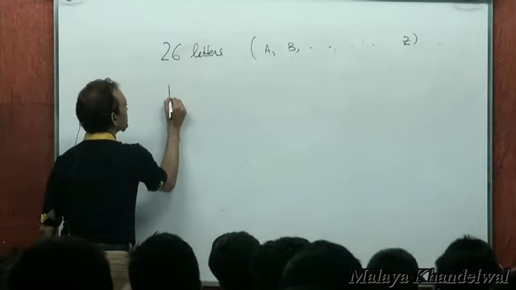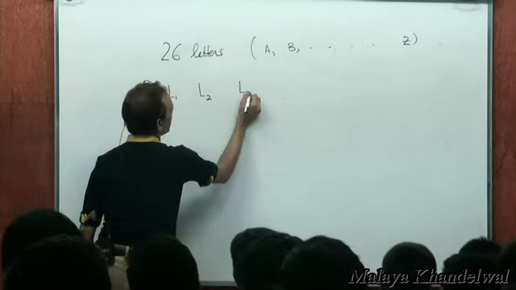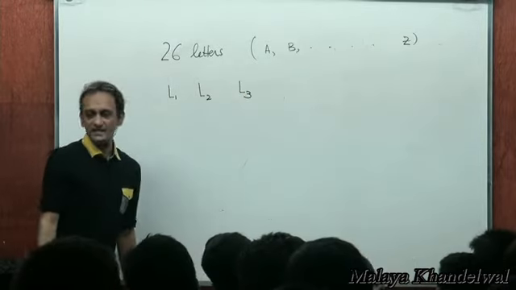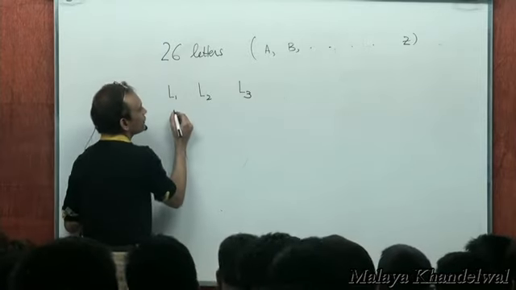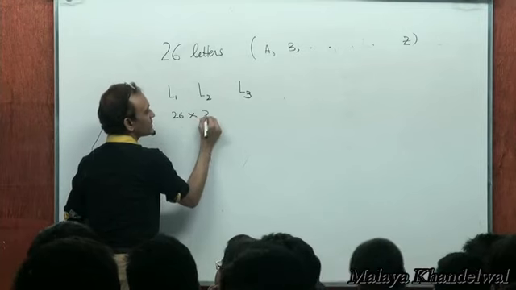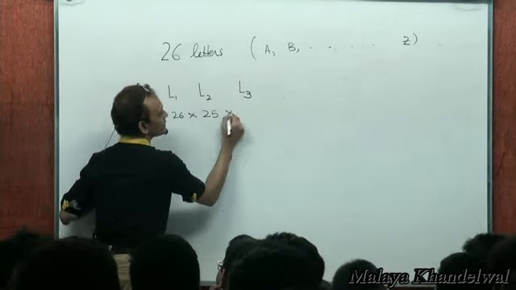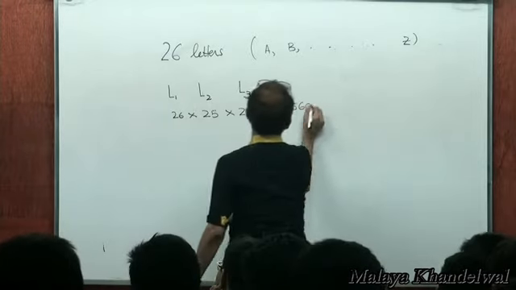I created 3 spaces, designated them as L1, L2, L3. And then I said, fill up the first space in 26 ways, fill up the second space in 25 ways, fill up the third space in 24 ways. That made it 15,600, right?